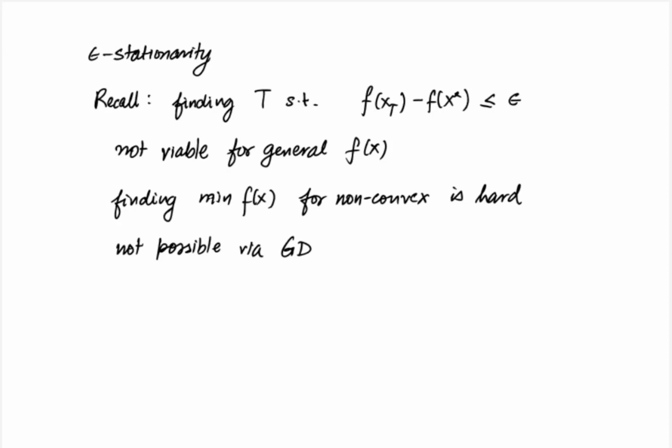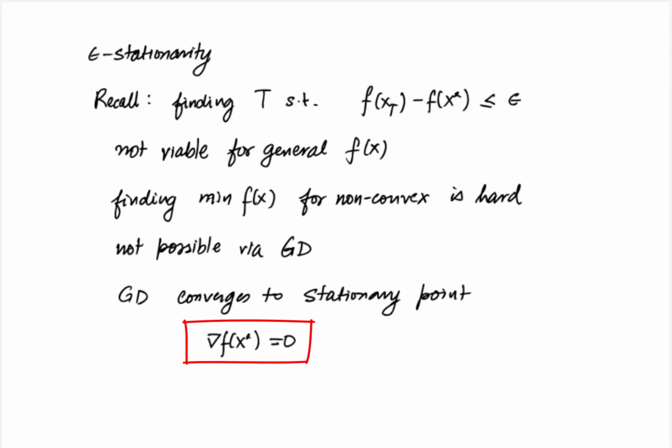Since gradient descent only uses gradient information, it is also unreasonable for us to expect it to find a globally optimum point, which by definition requires global function information, more than just the gradient. But we do expect gradient descent to find a stationary point, that is the one where the gradient vanishes, so that gradient of f at x star is equal to 0.